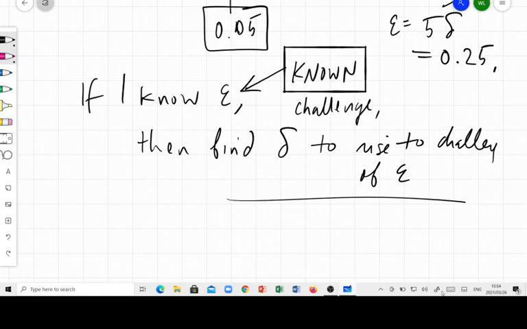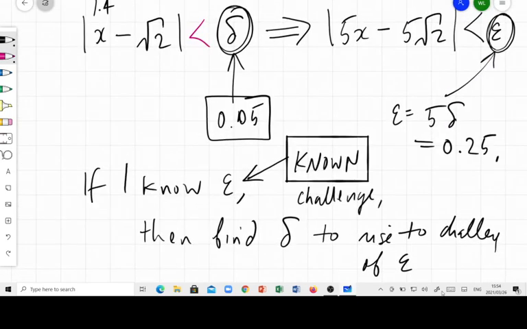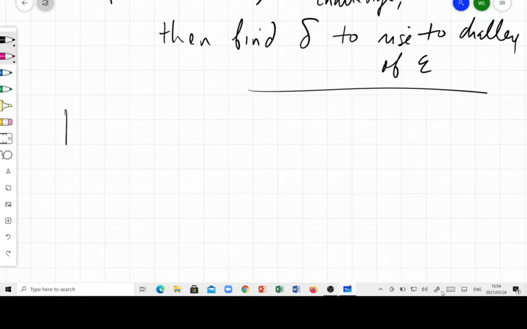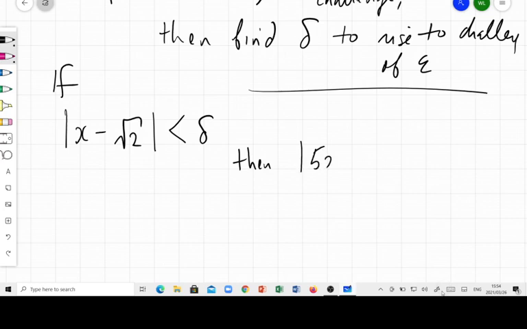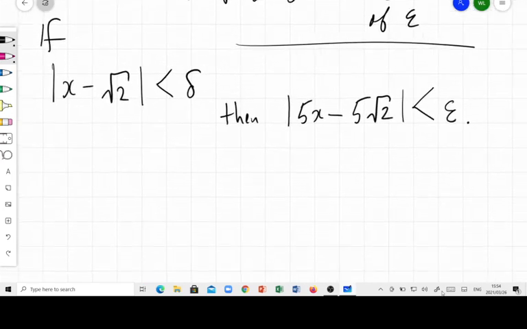Let me say that slowly. Let's look at this very carefully again. If my x is within delta of square root of 2, then I am guaranteed that my 5x will only deviate from 5 square root of 2 by at most 5 delta, which is our error bound epsilon. So in this case, my epsilon is equal to 5 delta.